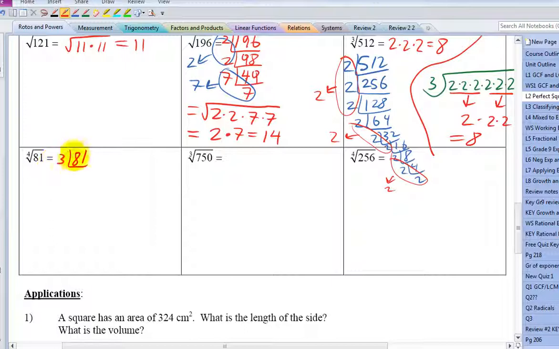Sometimes you need a head start on it, and that's fine. But once you get down to easier numbers, don't, because there is a non-calc section on the test, right? Good. 750, I'd start by dividing by 5.